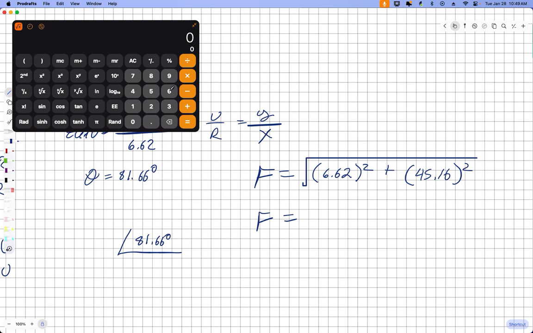You get 6.62 squared. I'm going to add that to my memory. This is a trick you can do. Memory plus, clear this, 45.16 squared. Memory plus, okay, clear that out. Memory recall.